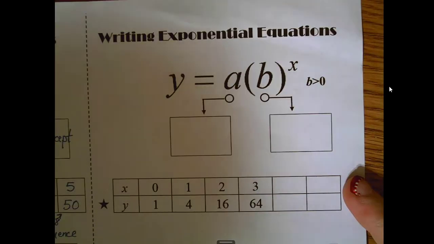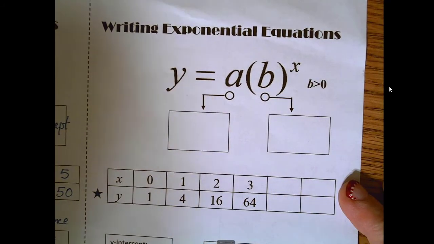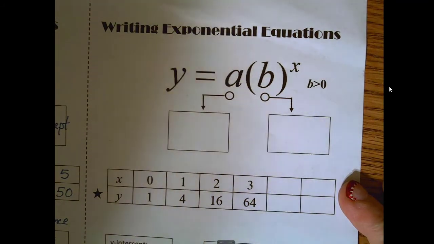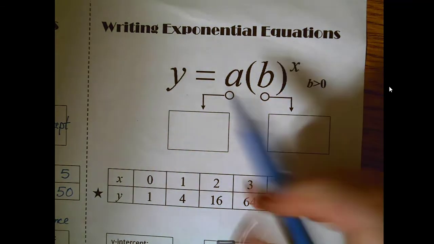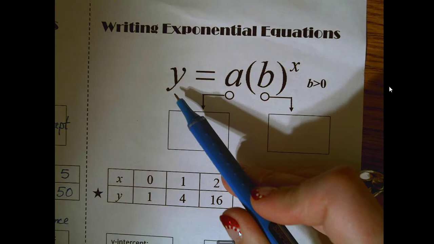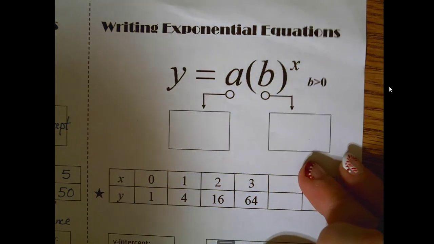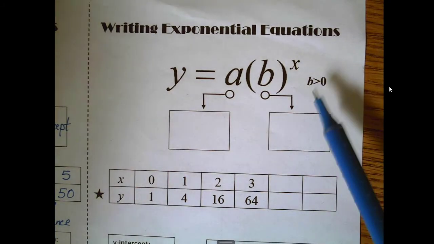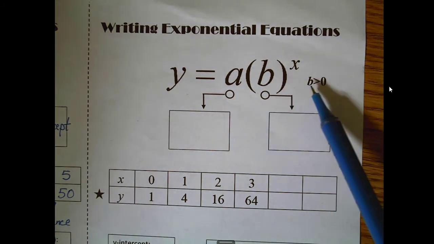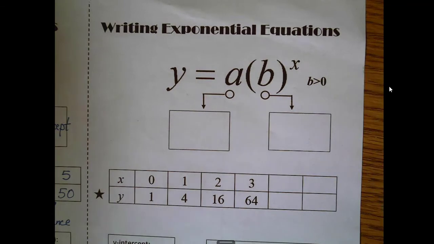Okay, so you can see it's a little bit different. We have an A. That's a little bit different. We still have the letter B, we have the letter X, and we have the letter Y. So instead of M, we have this letter A, and so we'll figure out what each of those represent. Now, one thing we have to keep in mind is the letter B here has to be bigger than 0. Otherwise, it won't be an exponential equation.